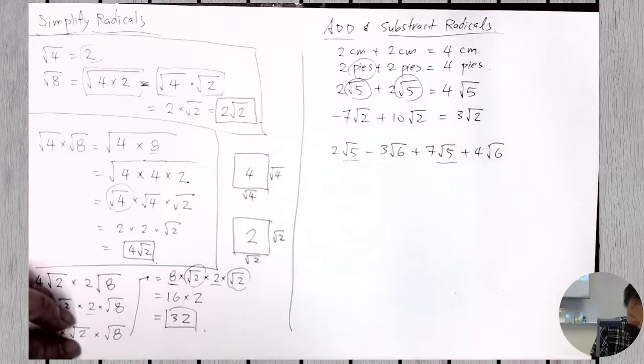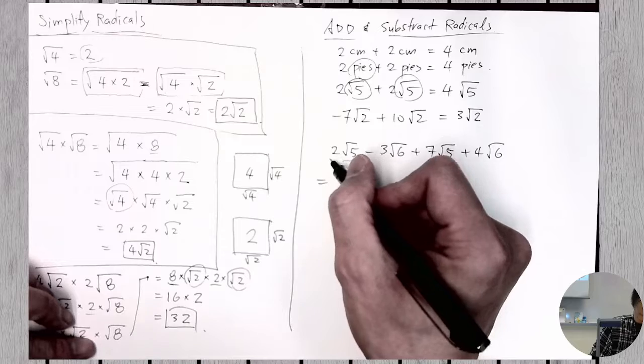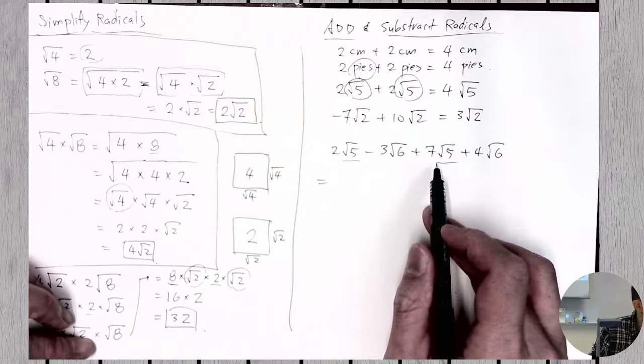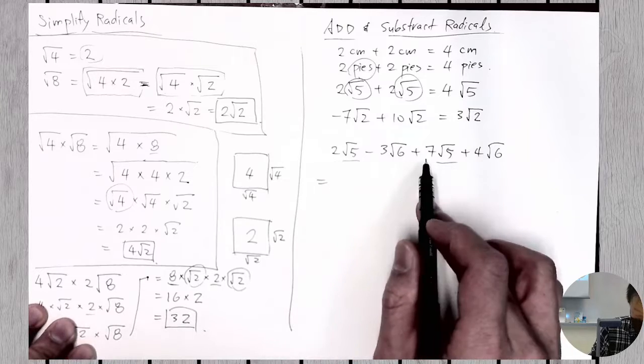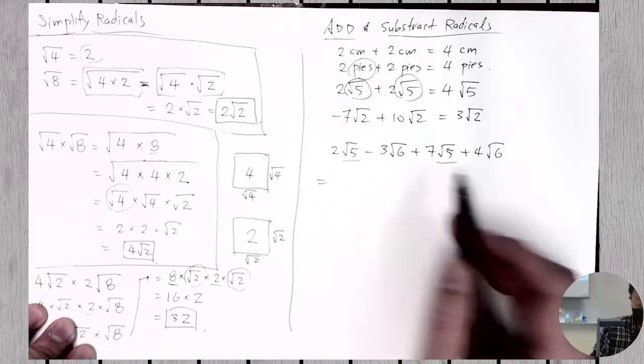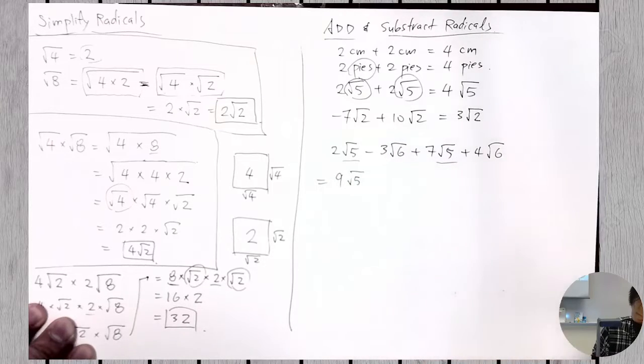Okay, so let's add the 5s together, all right? So I have 2 of this guy and 7 of that guy. Means altogether I have how many? 2 and 7. 9, yes. 9 of square root 5s.